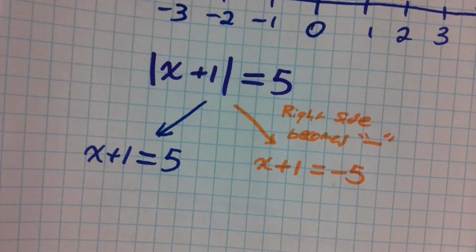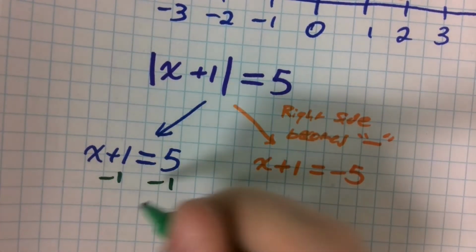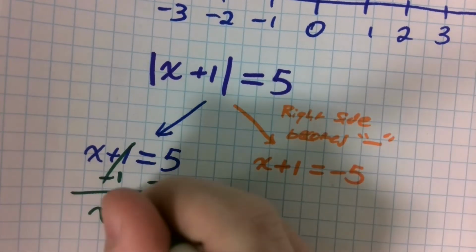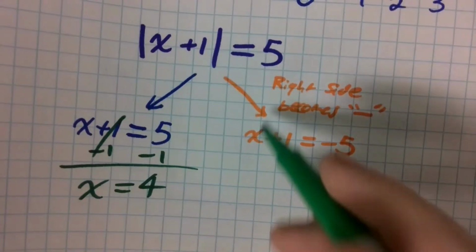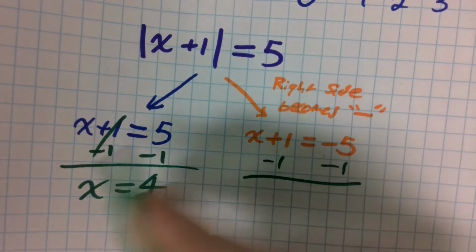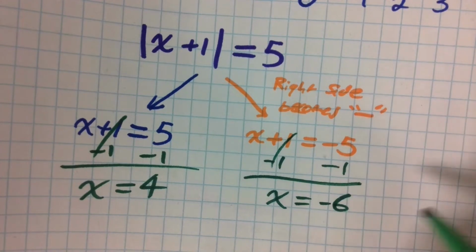So we'd have x plus 1 equals -5. From here, we would solve like normal. To get x by itself in this first one, for instance, we would subtract 1 from both sides, giving us x equals 4. In this one, since we have x plus 1, we want to get rid of that plus 1, we would still subtract 1 from both sides, giving us x equals -6.